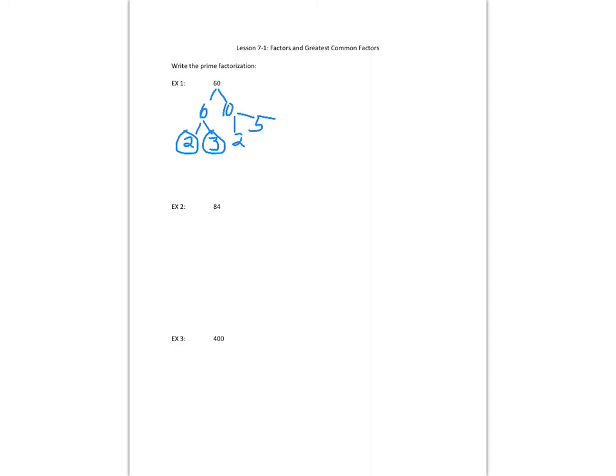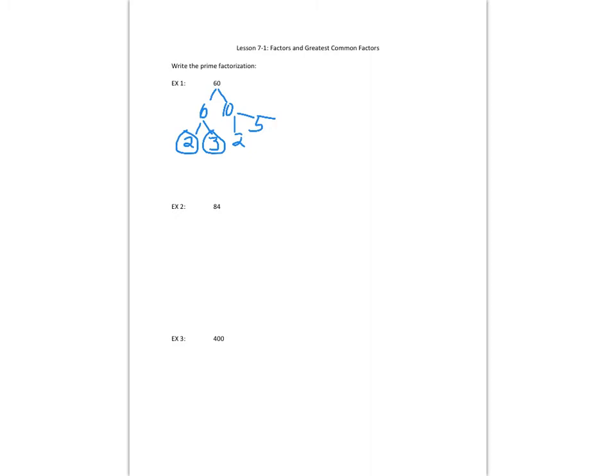It's useful in certain instances, which you'll see later, but typically, if you're not told otherwise, we like to write it in exponential form. Because we have two 2's, that means I've got 2 to the second power times 3, since I only have one 3, times 5, since I only have one 5. This is my preferred method for prime factorization, unless you're told to put it in expanded form.